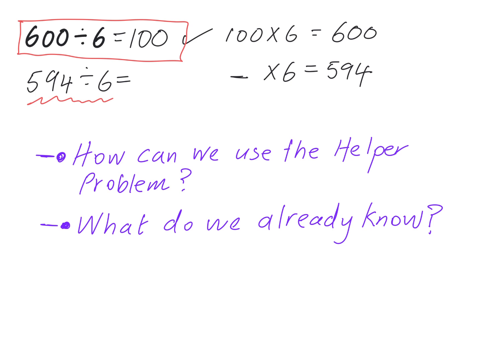How can we use that to help us with this next problem? That helper problem tells us that 100 groups of 6 equals 600. But we want to know how many groups of 6 is 594. So off they went, trying to work it out.